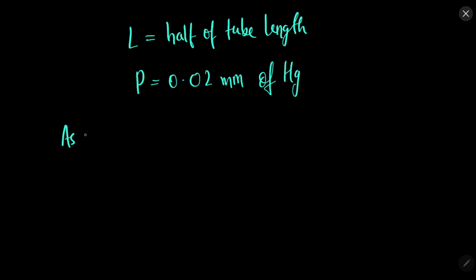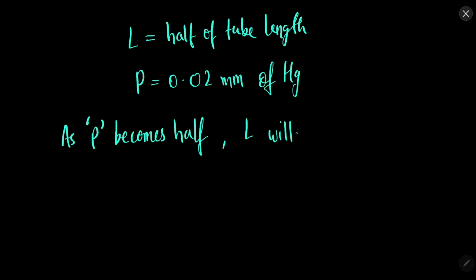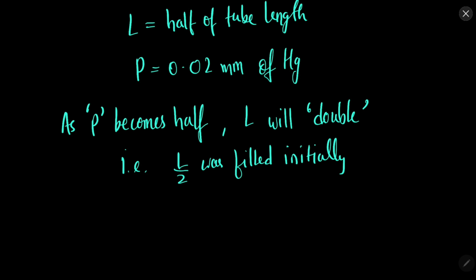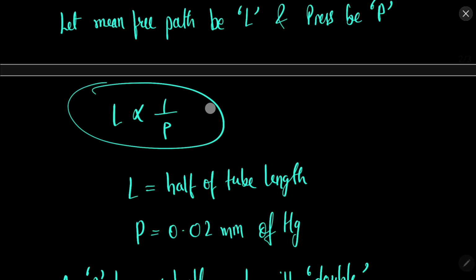So as the pressure becomes half, L will double. So this means that initially L by 2 was filled. Understood this? L is inversely proportional to pressure.